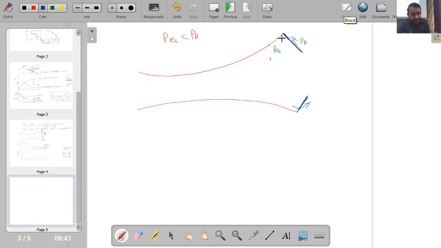Okay, so this type of situation where my pressure within the nozzle exit is going below the required back pressure which needs to be maintained for the supersonic situation, that type of condition is called over expansion in the nozzle.